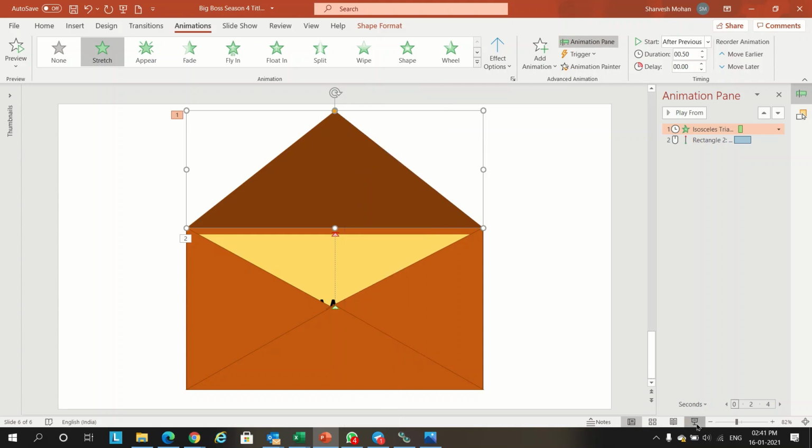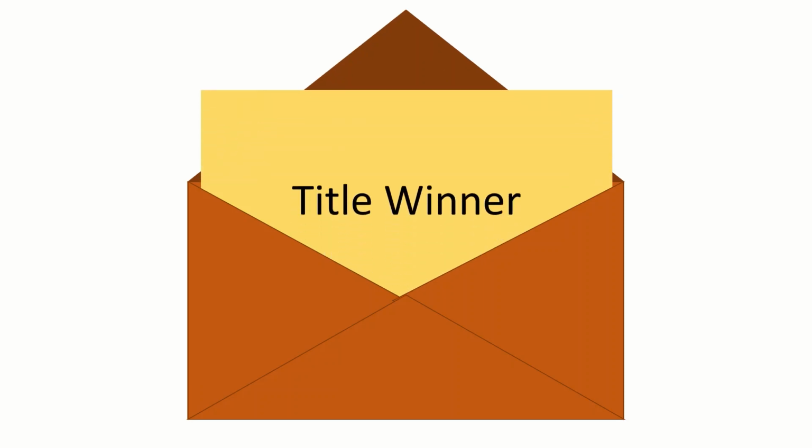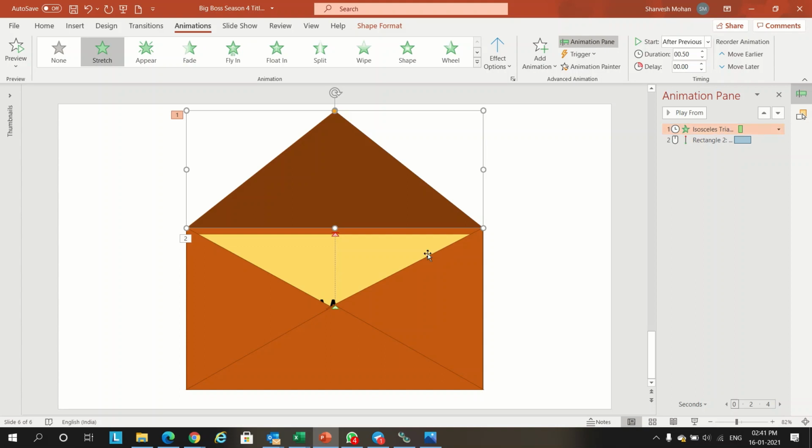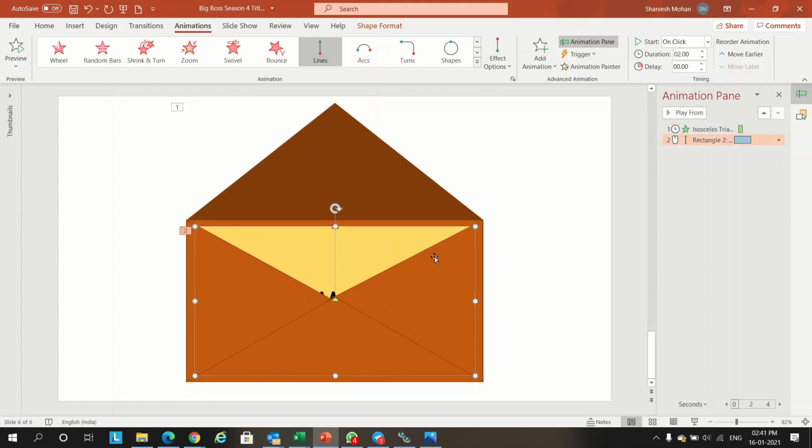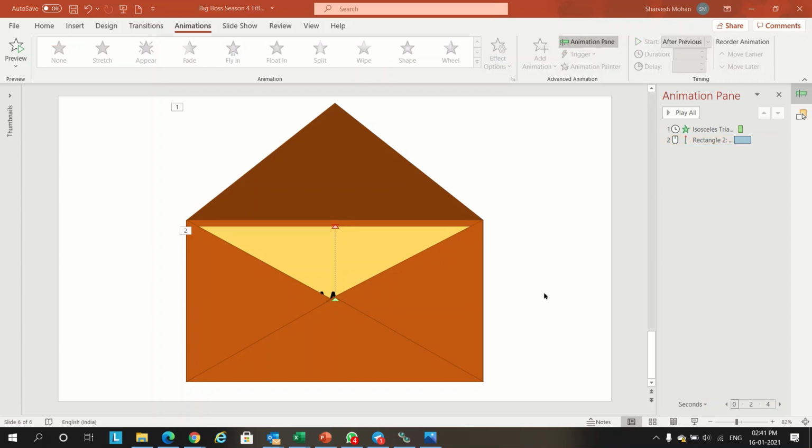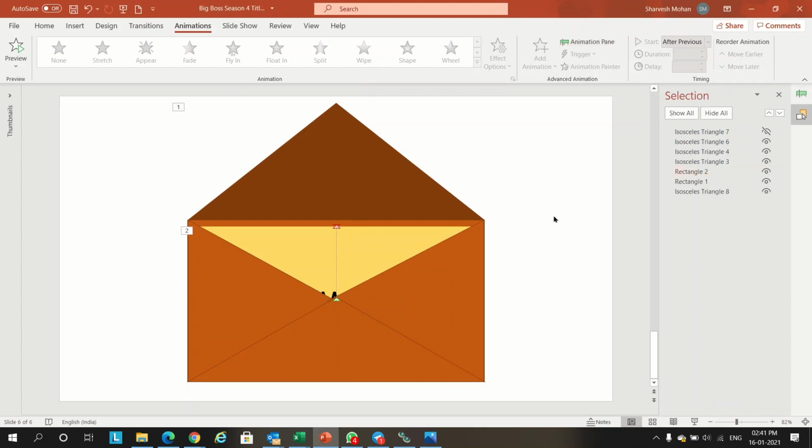Now let's see how this animation is working. Let's go to selection pane again and open that eye button or show all. Now our animation will look like this.